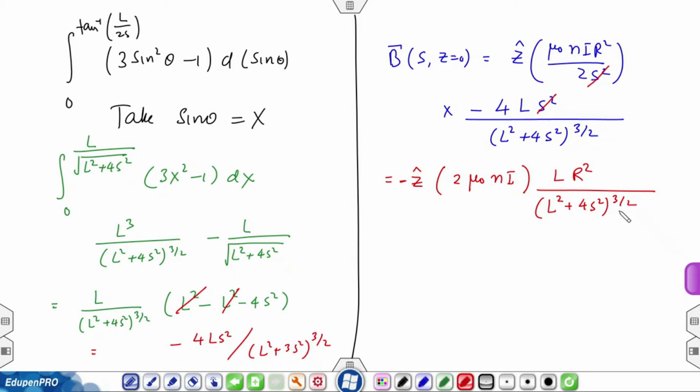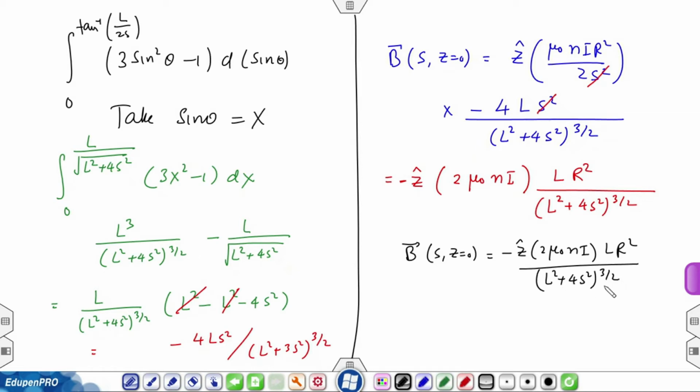So, the answer for B for this solenoid of length L at s, z equals 0 is −z 2μ₀ n I L r² divided by (L² + 4s²)^(3/2). That is the answer.